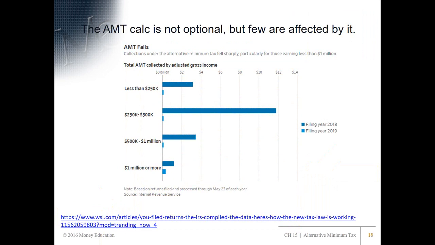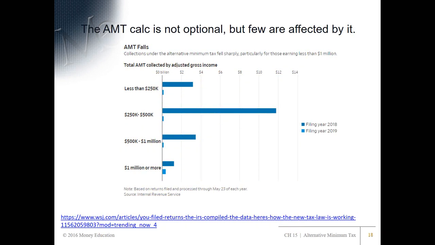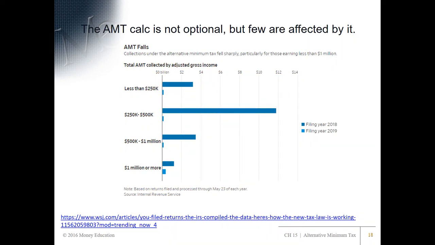So let's look back again at this chart for the effect of the new tax law on the AMT. When we look at the income brackets here, they divided their data by adjusted gross income. So for people with less than 250K of adjusted gross income, less than 500K, even less than $1 million in AGI, you can see that the fraction of people who are affected by the AMT is just minuscule.